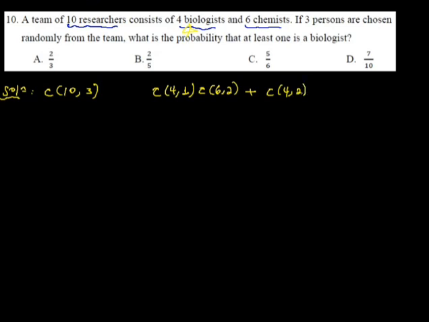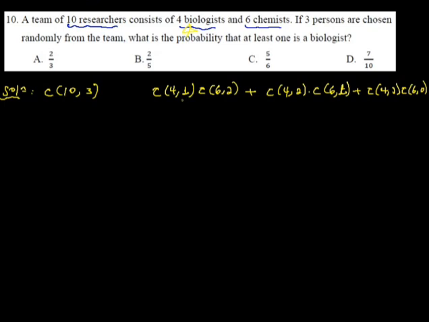So if I take 2 biologists, I will take 1 chemist. The other option is if I take all 3 from biologists, then I will not take any from chemists.